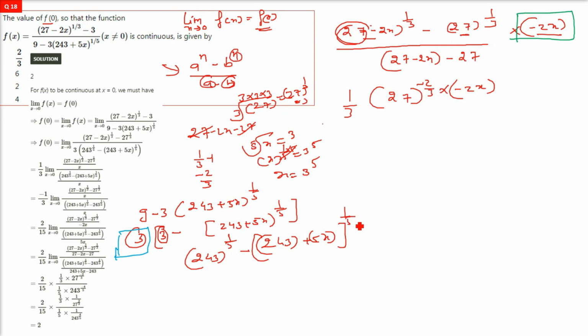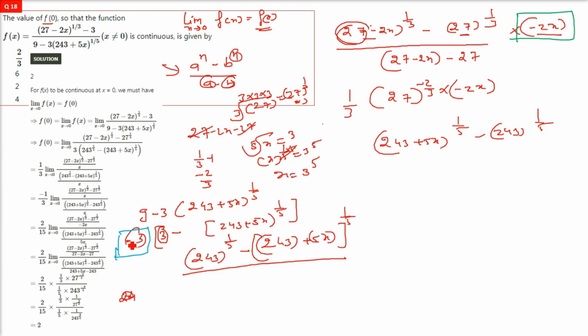So we are getting to this a raised n minus b raised n. But 243, see, we have to just change the position, because a raised n is not in the proper form. So I am taking the 243 plus 5x term first, and then the 243 term later.